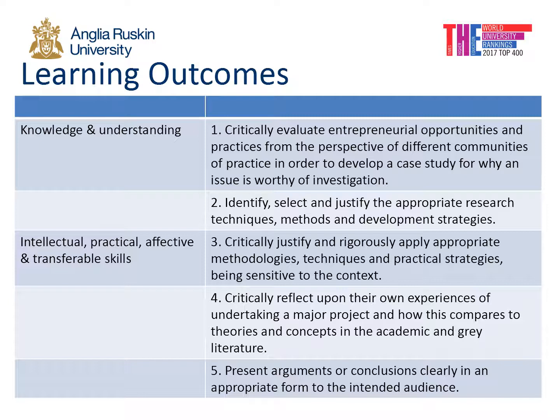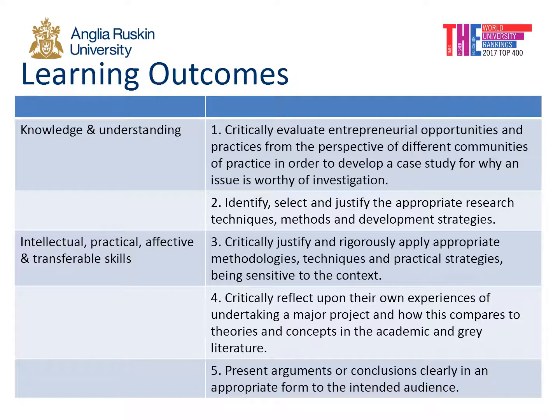When we talk about applying for ethical approval, you will see that it's really important that you demonstrate alignment with these learning outcomes in your application. In particular, learning outcome 1 is critical in this regard.